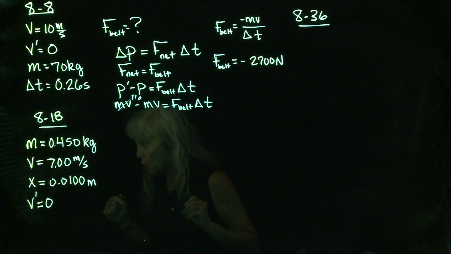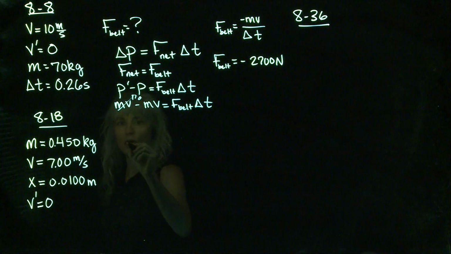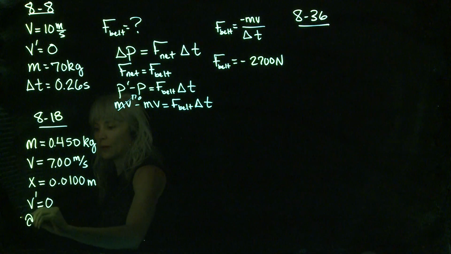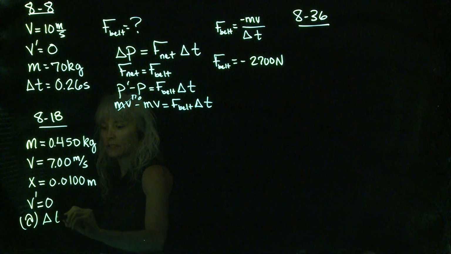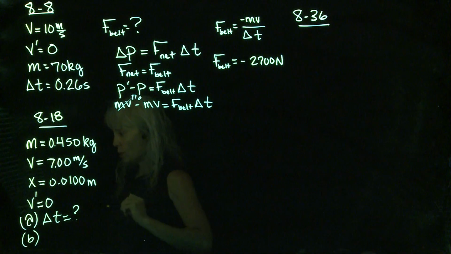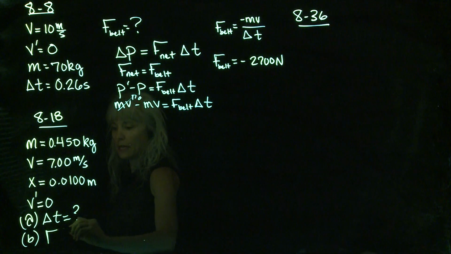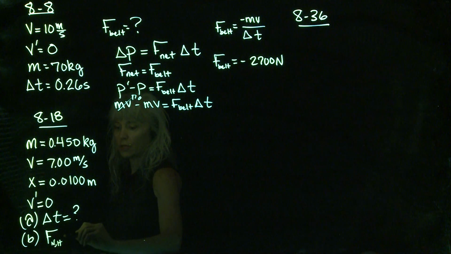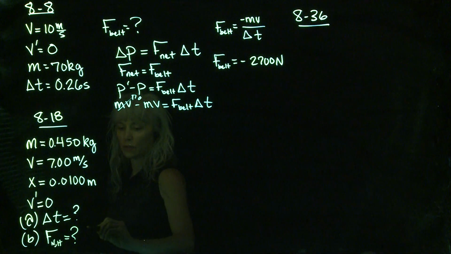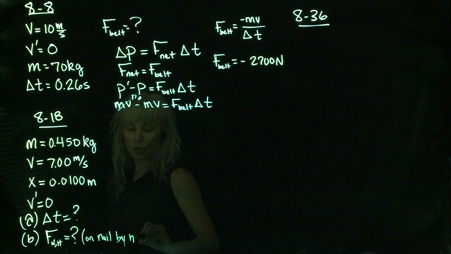Now we need to know what is the duration of the impact. Duration is indicative of time. So in A, we want to know what is delta t. Delta t equals question mark. And then in part B, we want to know what is the average force exerted on the nail, so the force exerted on the nail by the hammer equals question mark.